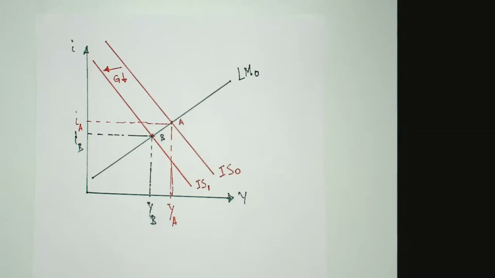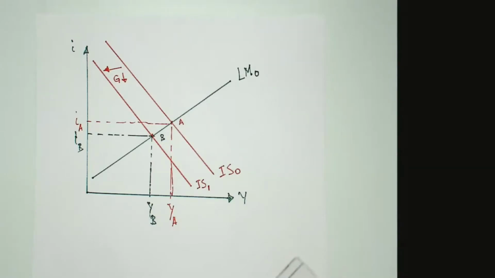Income dropped because of this contractionary fiscal policy. So if income dropped, only an expansionary monetary policy should be used to increase the income. Increasing the money supply would be the action of the central bank to control for this reduction of income from YA to YB. In other words, the central bank would increase its money supply.